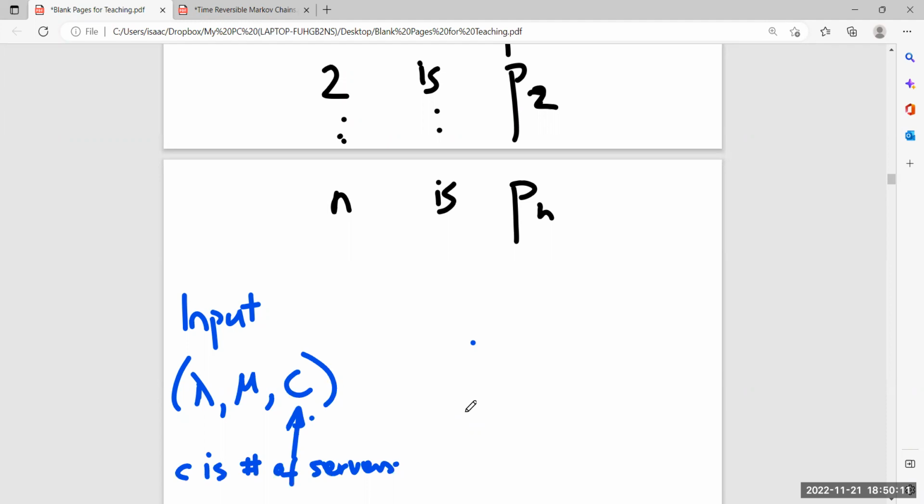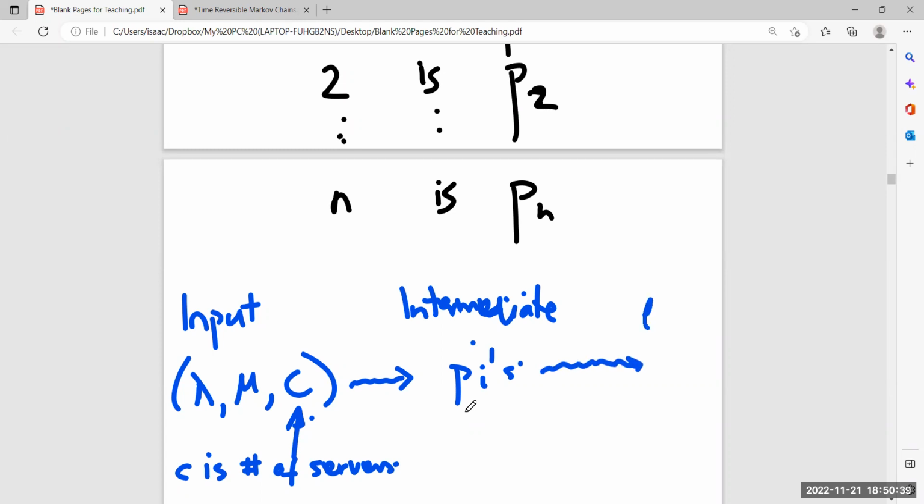What we do is we use that information and we go to an intermediate step, and we work out what these Pn's are. So we get functions or expressions for these probabilities.